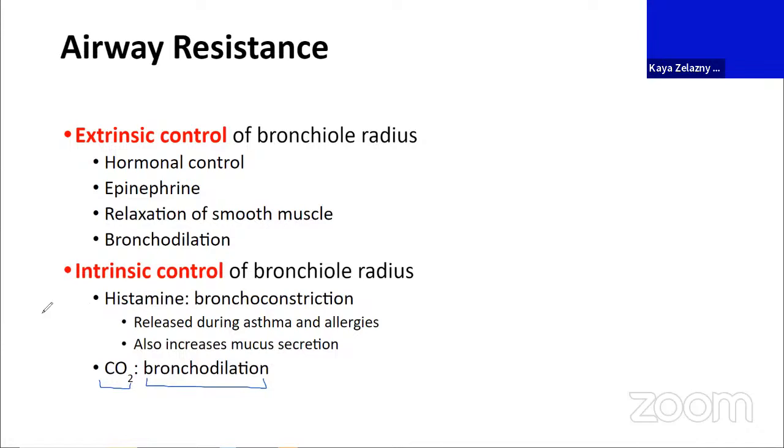We also have an intrinsic reaction that helps us bronchoconstrict. Okay, so bronchoconstriction, we saw a little bit of it just now with the parasympathetic branch of the autonomic nervous system. The other way you might see bronchoconstriction is when we produce histamine. So histamine, among other things, is released during asthma and allergies.